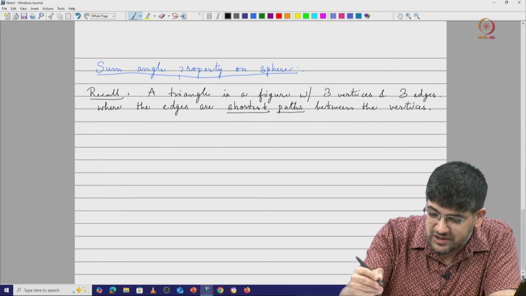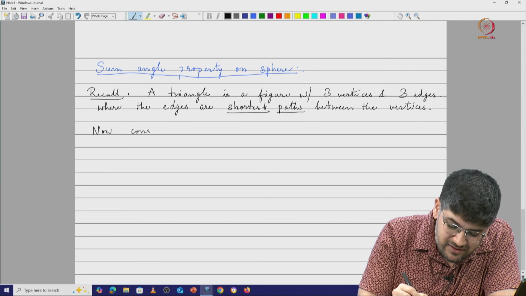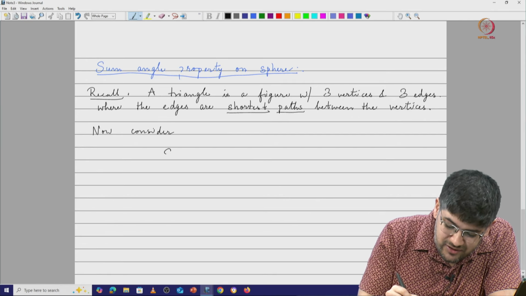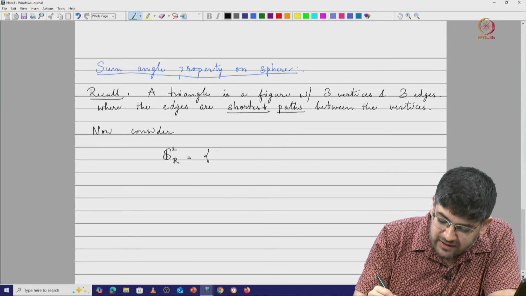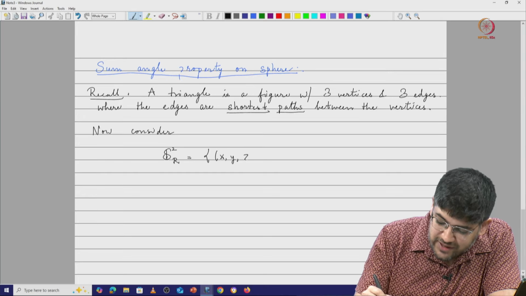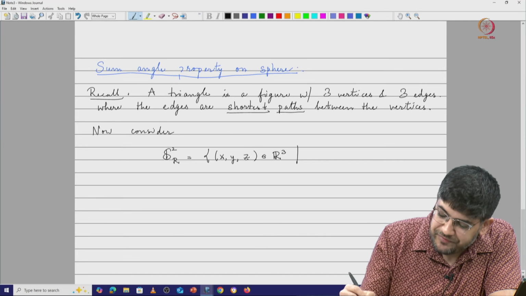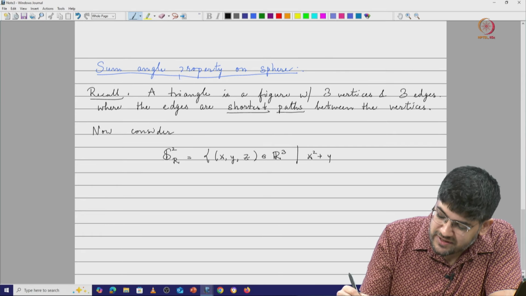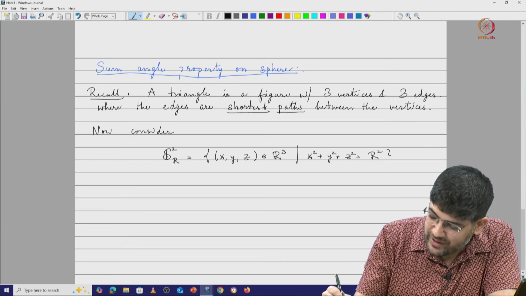Now let us look at the sphere. So now consider the sphere. I am going to take the two-dimensional sphere of radius r sitting inside R3. So this is just the set of points x, y, z in R3 such that x squared plus y squared plus z squared is r squared.